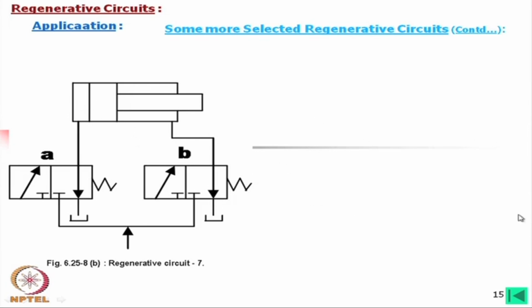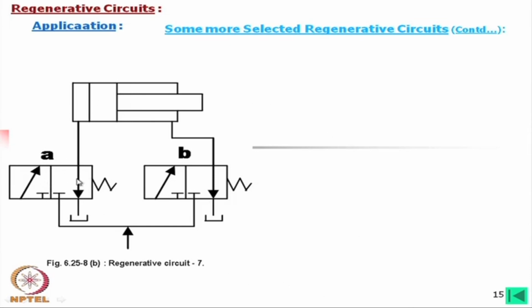So, you make a table and you write this for A is on, B is in neutral position. It is not actually off because this is connected, but you can say this is off. It has two positions, and it will automatically be in this position due to the spring. Okay. So, B is not operated and A is operated, in that case normal forward motion.